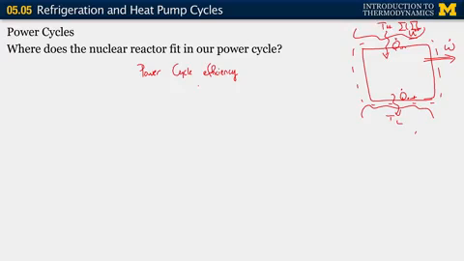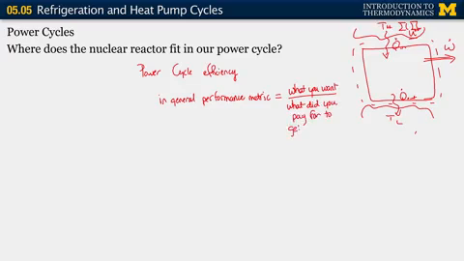So in general, we would say our performance metric is what you want and what did you pay for to get it. So this is a really vague way of describing things. What do we mean by what did you pay for to get it?